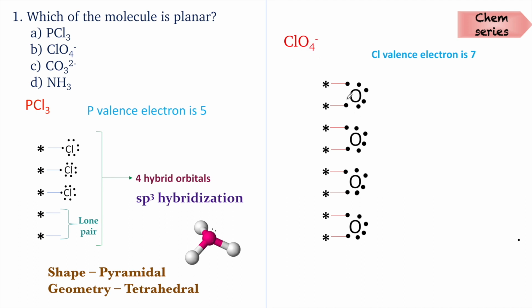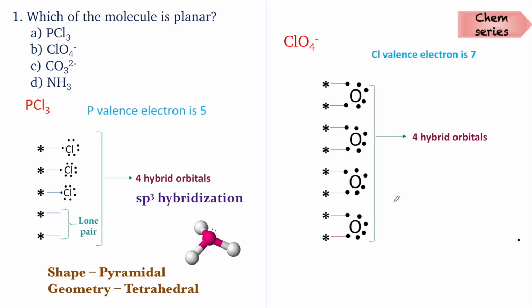That means the oxygen atoms will form double bonds, right? Oxygen has 6 valence electrons and it gives up 2 valence electrons for bond formation as a double bond, and chlorine has 8 valence electrons because of the negative charge. So it gives up all 8 valence electrons for bond formation with 4 oxygen atoms.